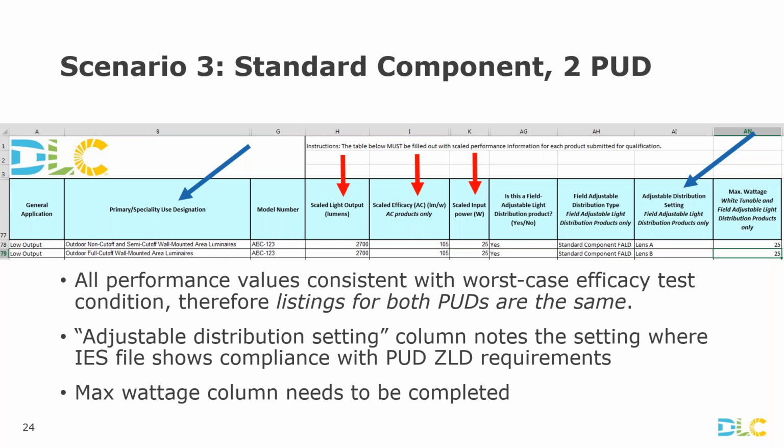Both of these listings end up with the same rated performance information, and both would actually end up with the same tested performance information correlated to that worst case test condition.